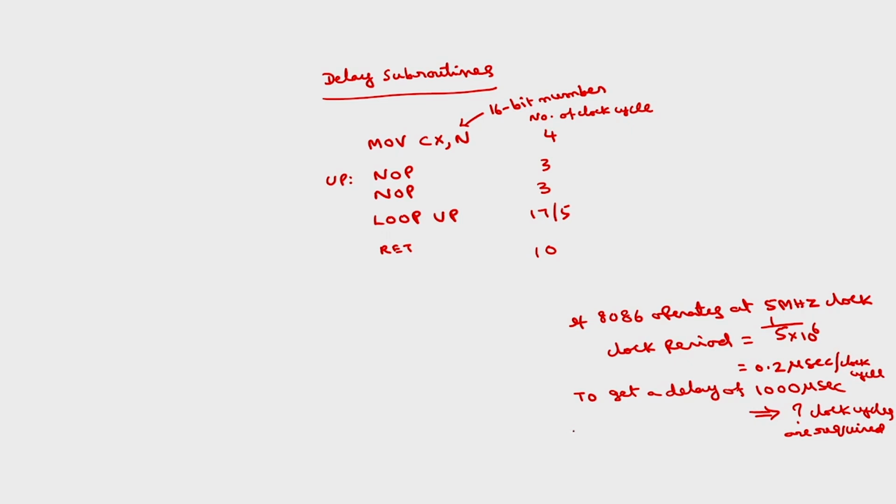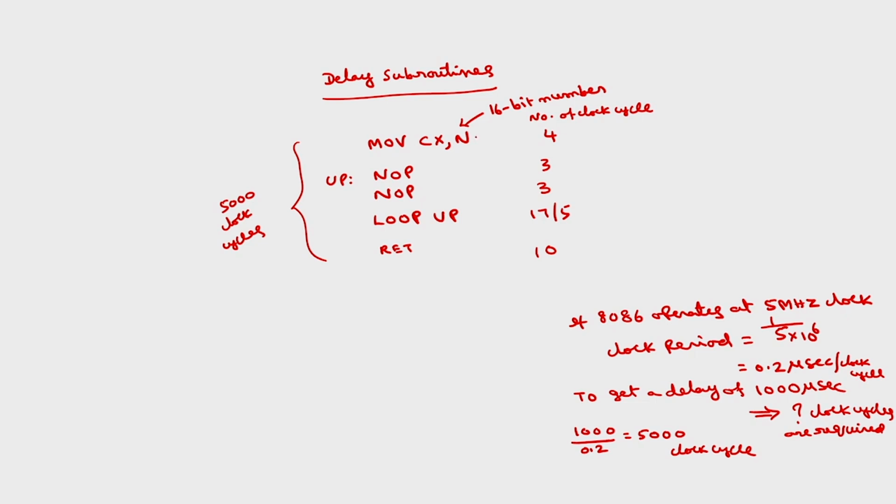So, for 1000 microseconds, 1000 divided by 0.2, which is nothing but 5000 clock cycles are required. If this program gives 5000 clock cycles, then this will give a delay of 1000 microseconds. This 1000 microseconds delay is required in the program that I have discussed in the previous slide. Okay.